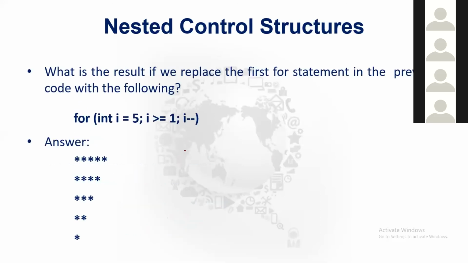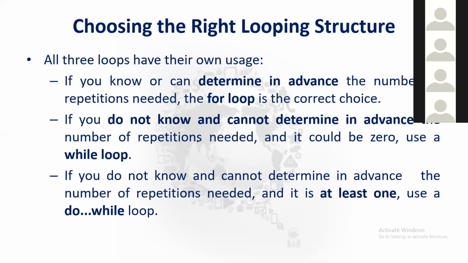So how do you do it? You can think about it. Here is about choosing the right looping structure, because you have do while, while, and also for. You need to think which one is suitable.